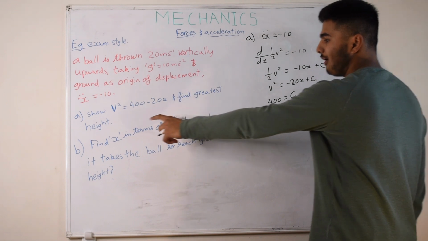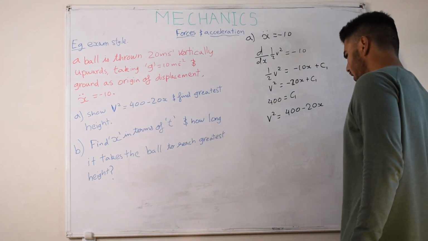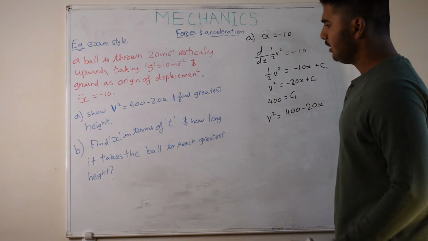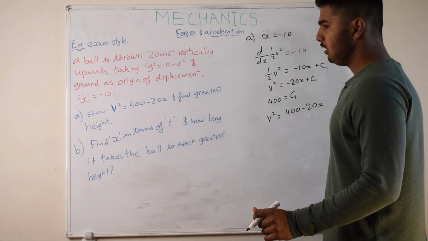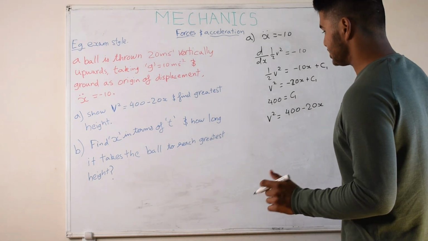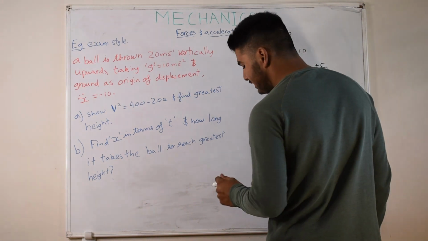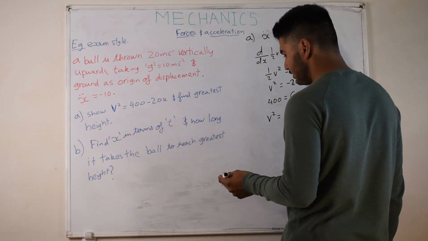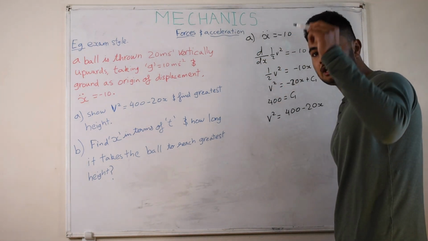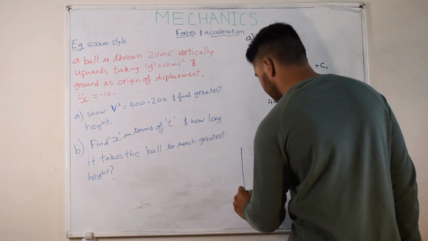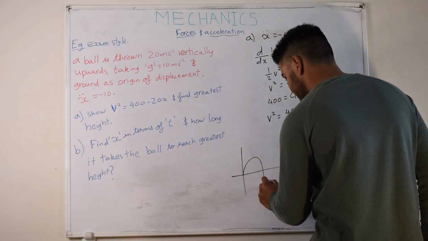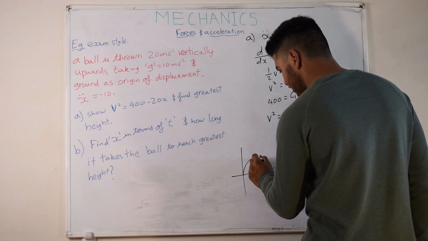Next part, find greatest height. When we talk about these sort of questions, the greatest height is when velocity is going to be 0, the turning point, right, on a graph. So if we're talking about a graph over here, let's just say this is the graph. The greatest point is always going to be this.